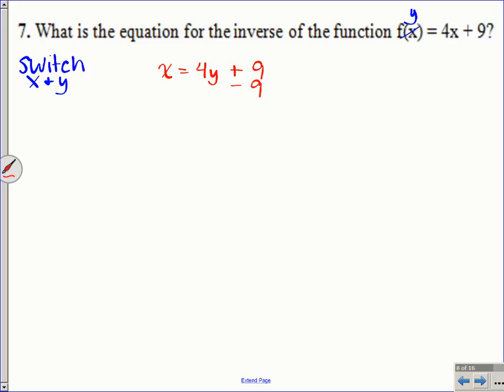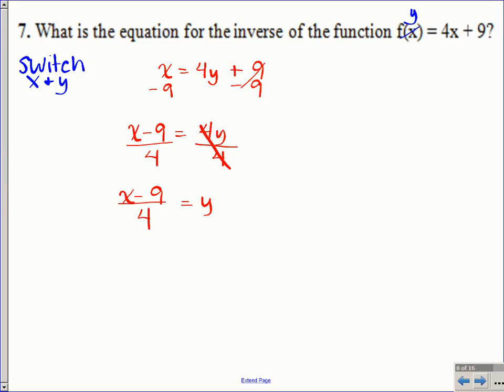So I'm going to subtract 9 from both sides. x minus 9 equals 4y. I'm going to divide both sides by 4. So y is x minus 9 divided by 4. And now that y is by itself, I'm going to put it back into function notation.